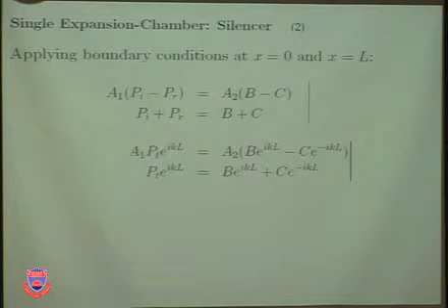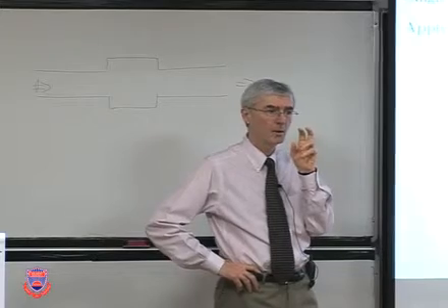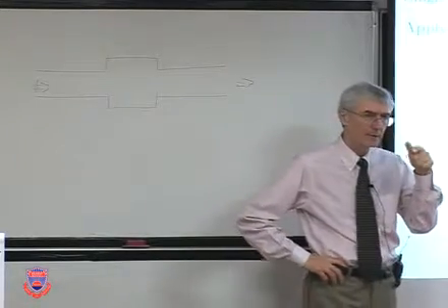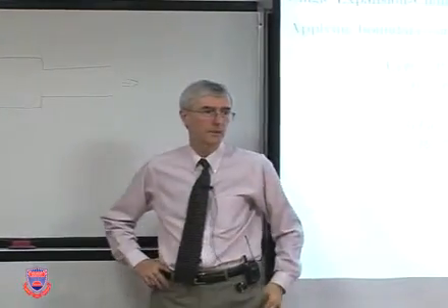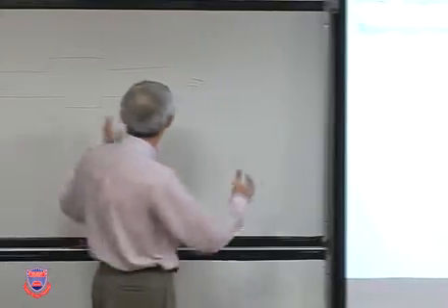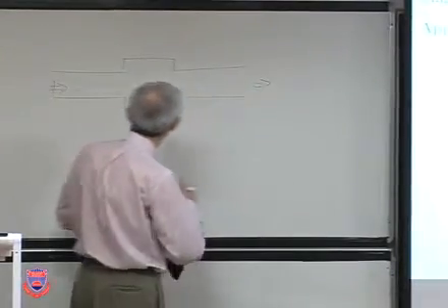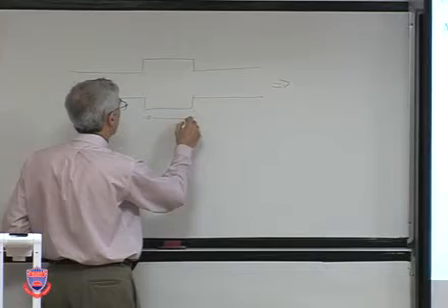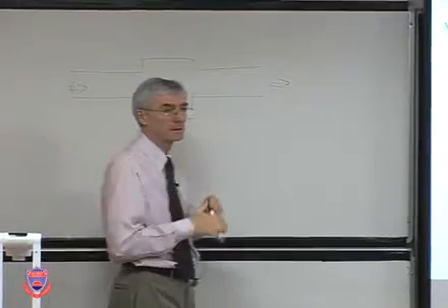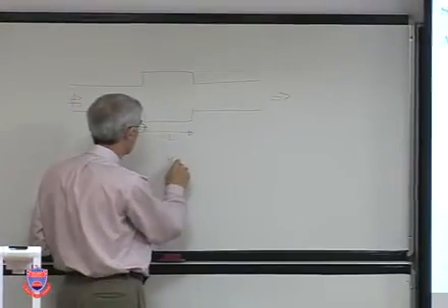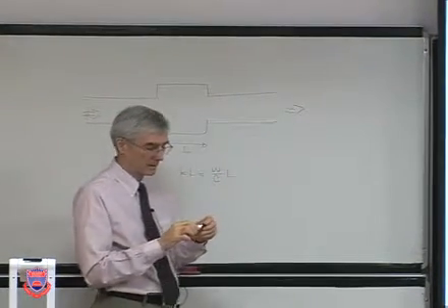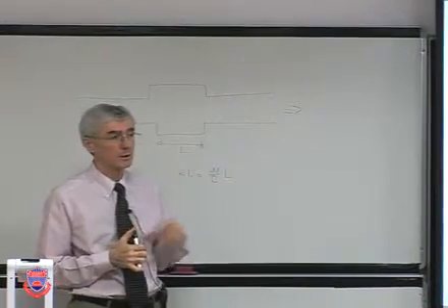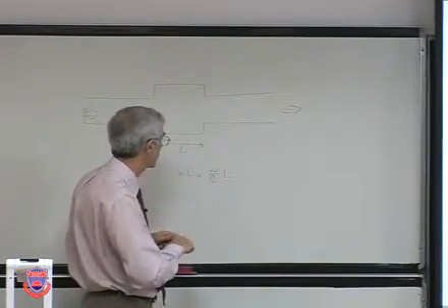You'll see now this brings a new term or a new expression that you haven't seen very frequently before: kL. Okay? L is the length of the silencer. And k, of course, is the wave number, which is the ratio of frequency to speed.